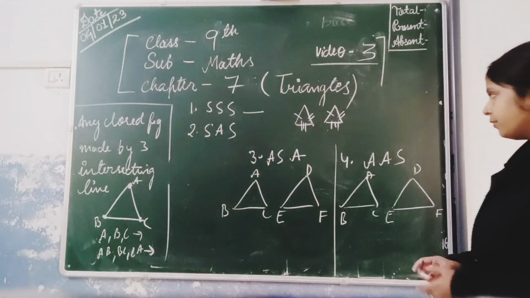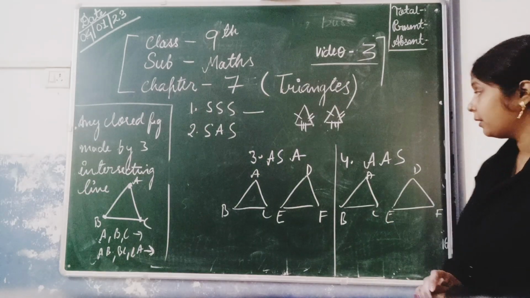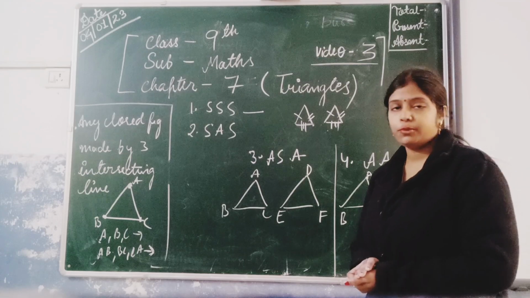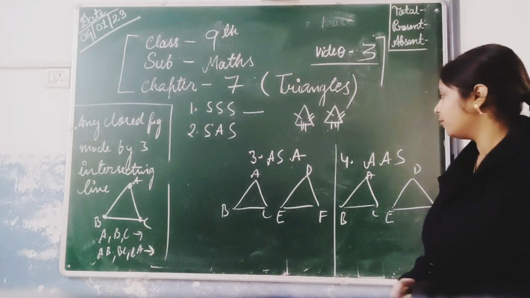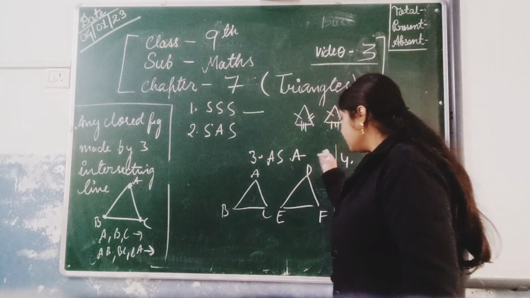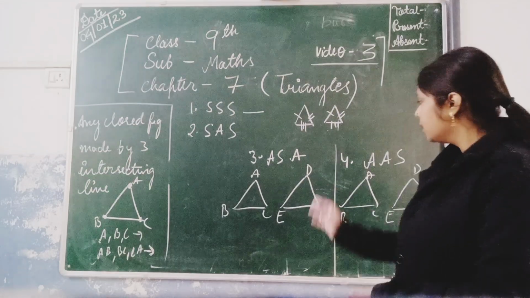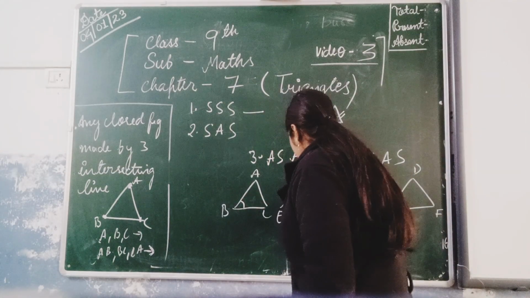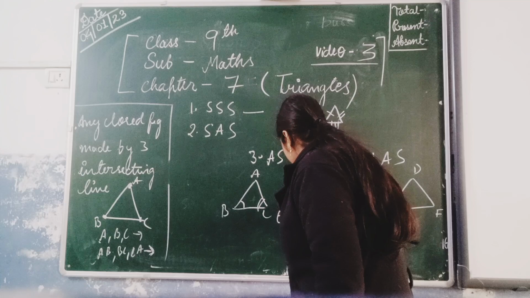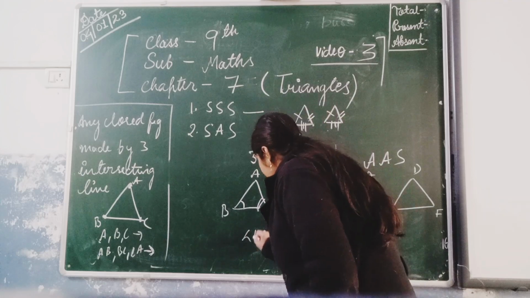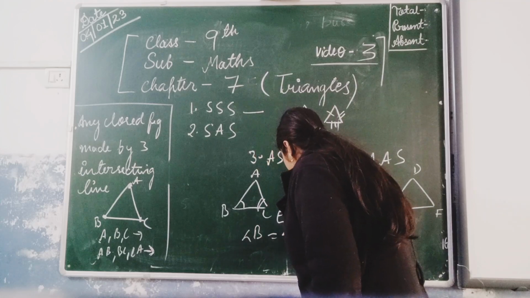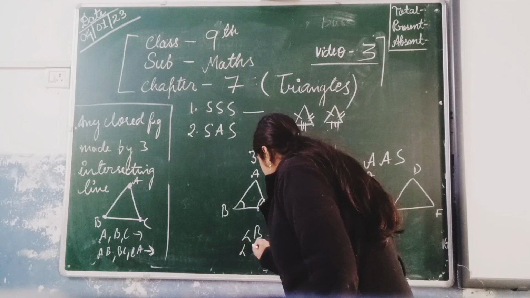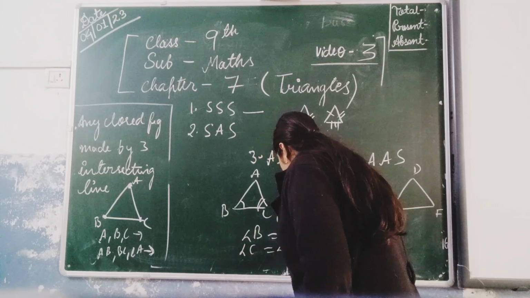First we will discuss point number 3. When will we say that the criterion is proved with the help of angle, side, angle? This is ABC and DEF. Suppose this one is equal to this and this one is equal to this. So we will write angle B is equal to angle E and angle C is equal to angle F. Okay.